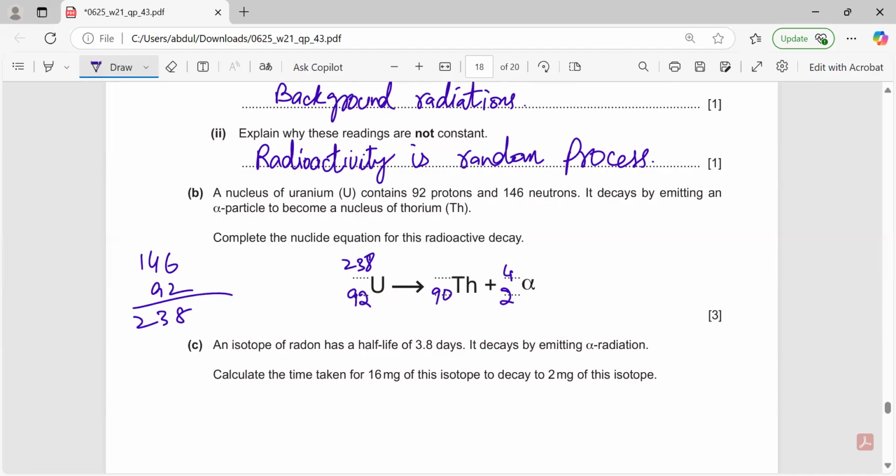So the proton numbers on both sides of the decay arrow are the same. 238 minus 4, 234. So now 238 is the nucleon number of uranium, and the sum of nucleons for thorium and alpha is also 238. So this equation is okay in terms of nucleon number also. Nucleon number is also conserved.